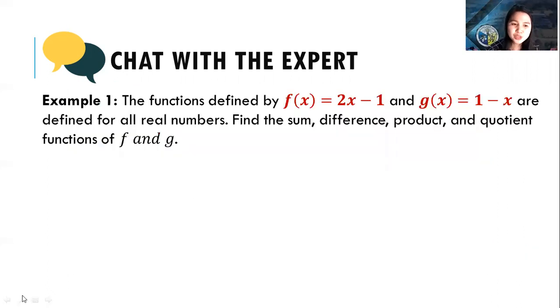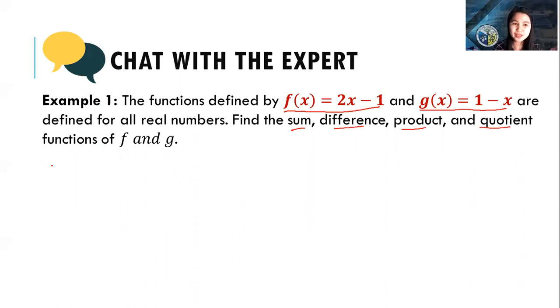Now, we have 2 given functions. The first one is f of x equals 2x minus 1. And the second is g of x equals 1 minus x. We need to find the sum, difference, product, and quotient of 2 functions.